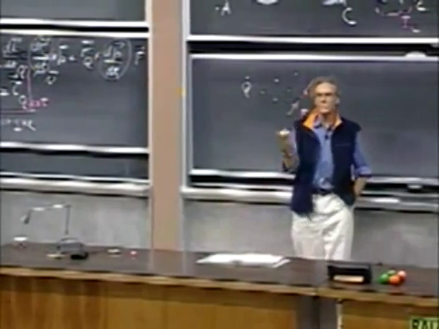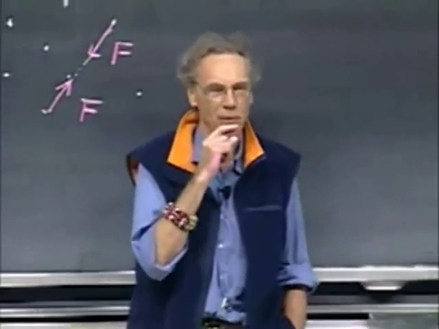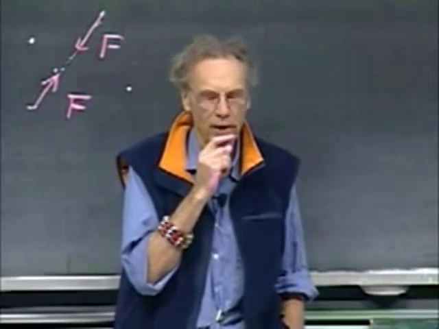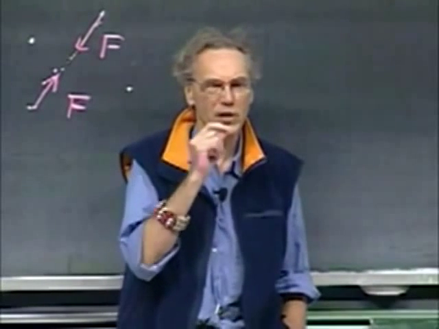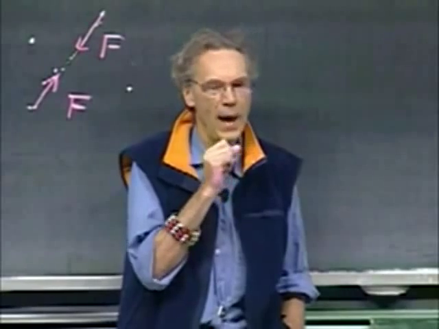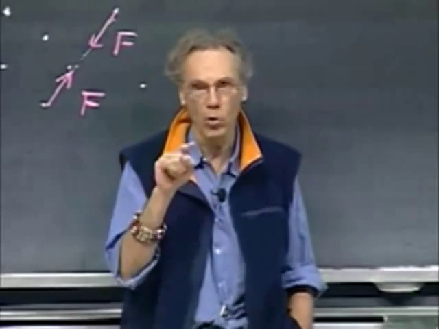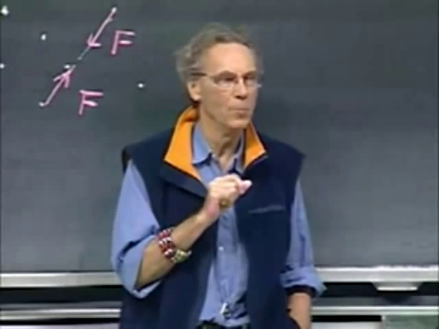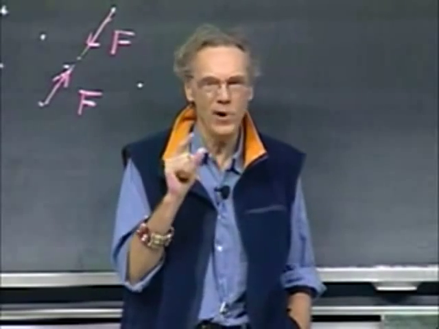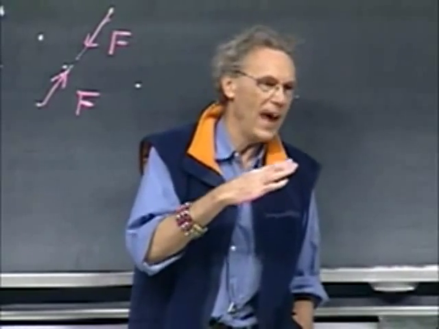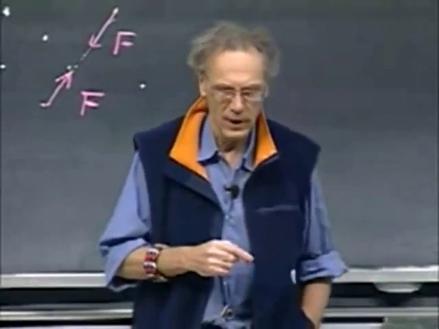So if we now compare conservation of angular momentum with conservation of momentum, then in the case of the conservation of momentum, remember when we had a system of objects, in the absence of an external force on the system as a whole, a net external force, momentum was conserved. Now we have, with a system of particles, in the absence of a net external torque, angular momentum is conserved.